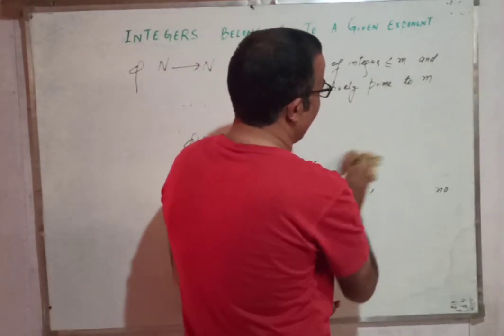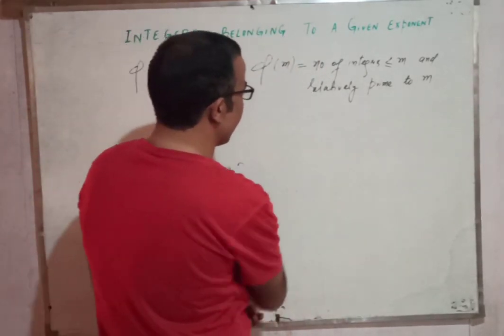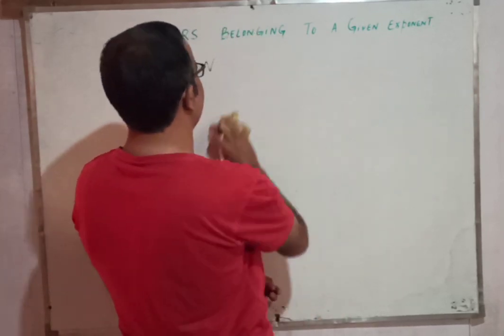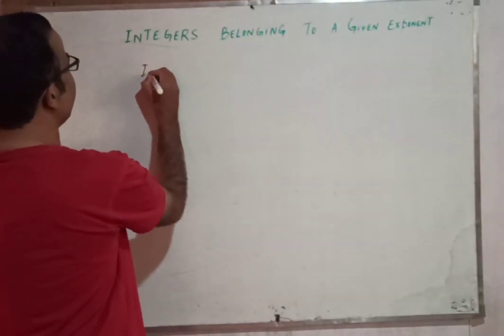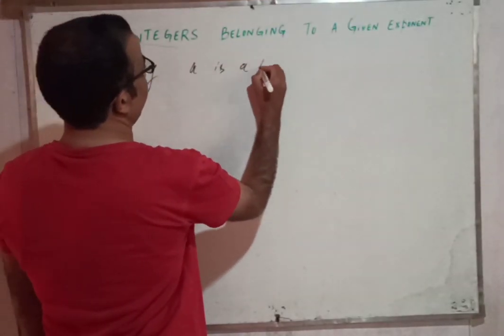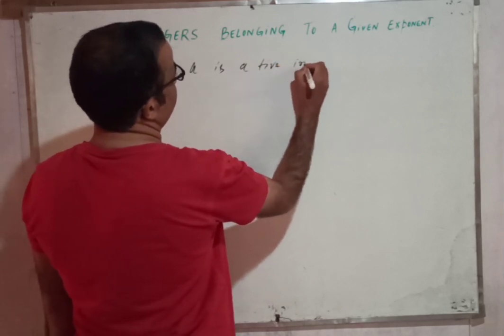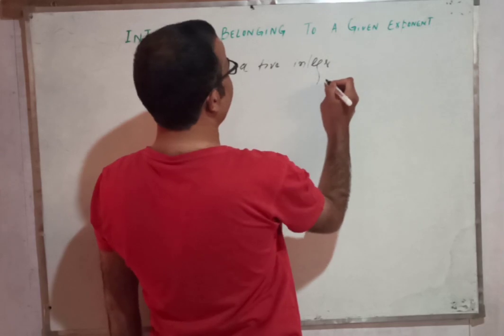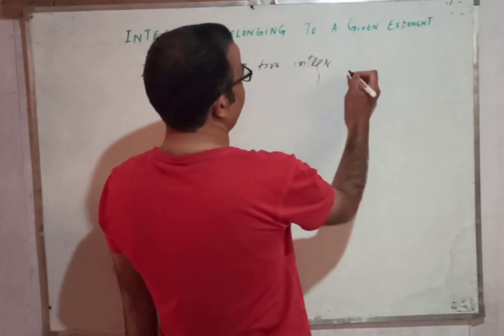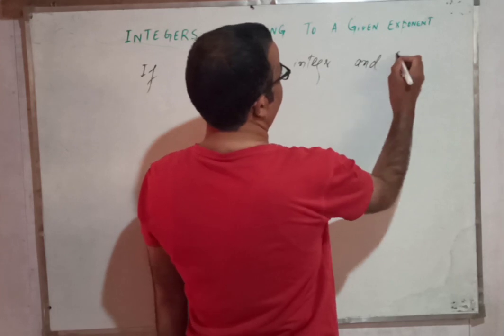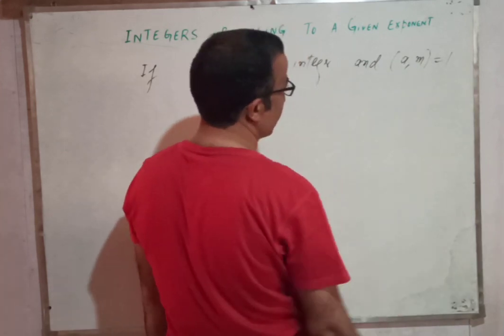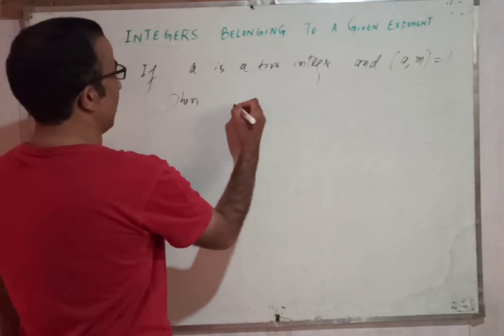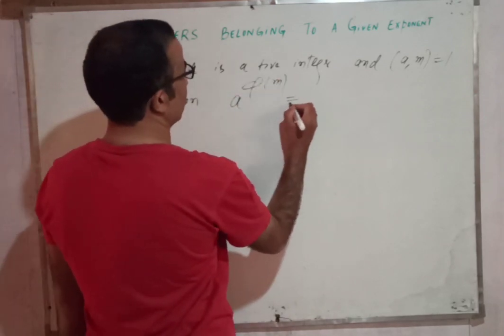Now, with this Euler's phi function, there is a theorem known as Euler's theorem, which says that if a is a positive integer, in fact you can take any integer, but here I am interested in positive integers only, and m is some integer, then a to the power phi of m is congruent to 1 mod m.